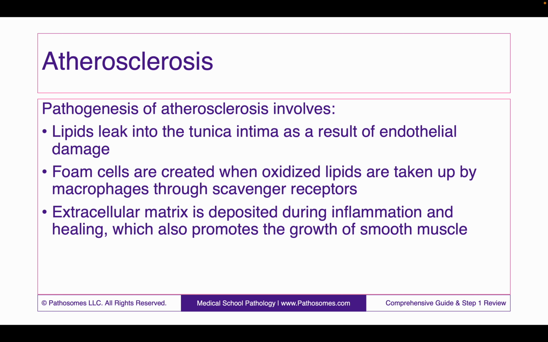Lipids leak into the tunica intima as a result of endothelial damage, and foam cells are created when oxidized lipids are taken up by macrophages through scavenger receptors. And the extracellular matrix is deposited during inflammation and healing, which also promotes the growth of smooth muscle.